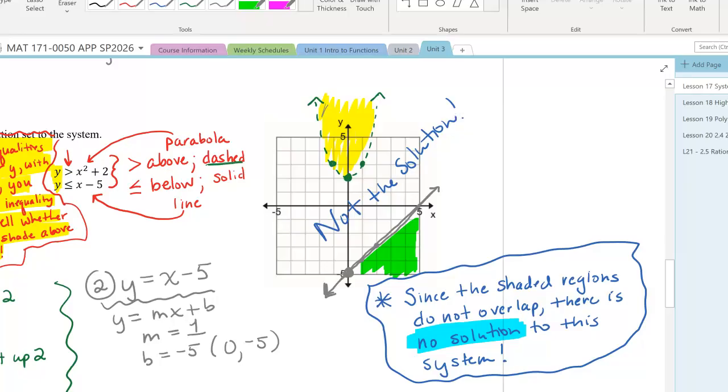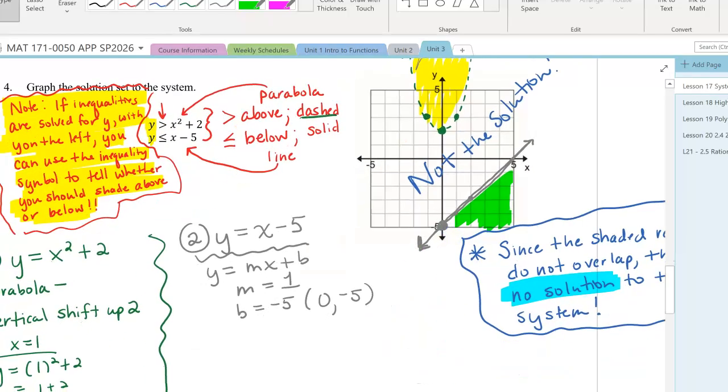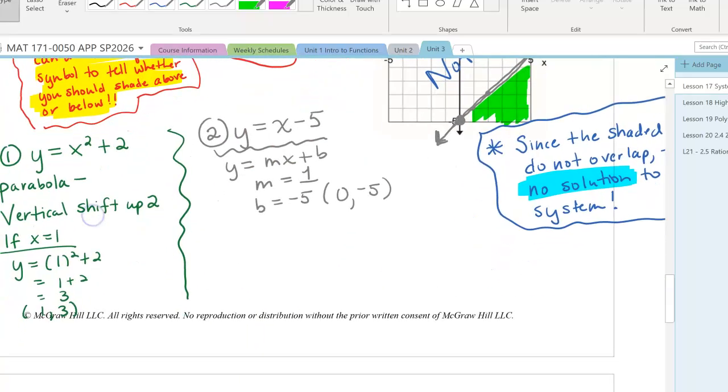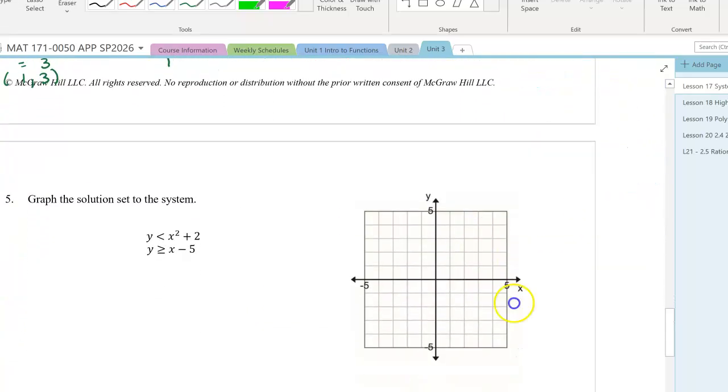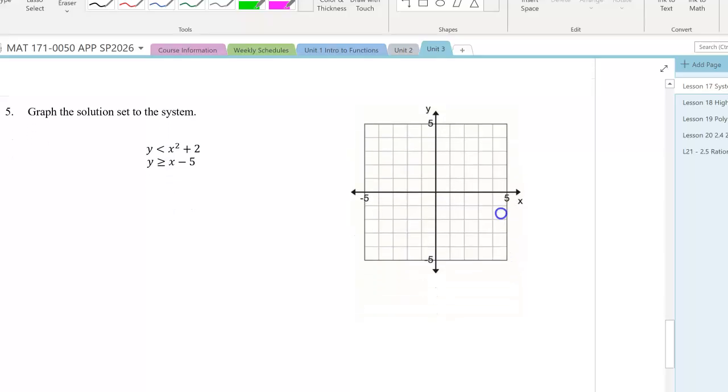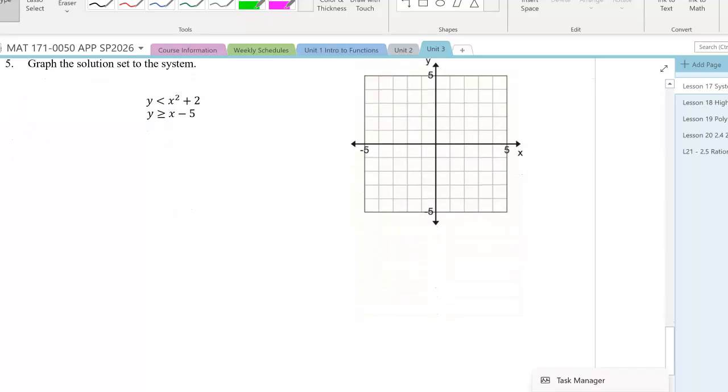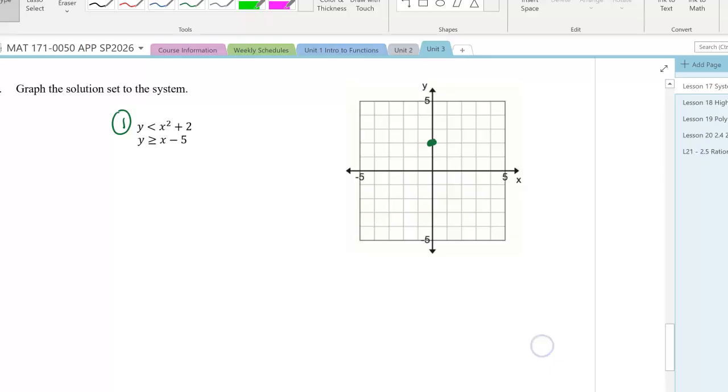Now, let's go ahead and look at this last example because it is the same system with the inequalities reversed. So let's graph our two graphs again. Remember, this first one is a parabola shifted up 2, and I can take that point that was here and shift it up 2.